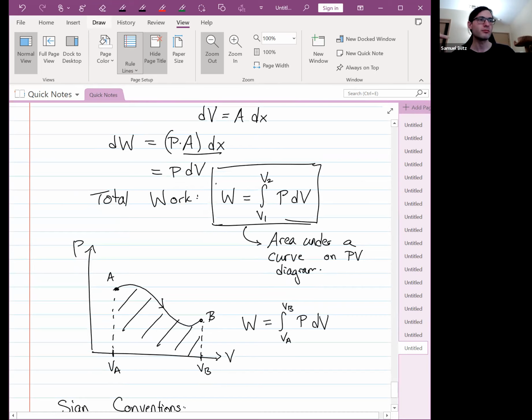And this makes sense because we associate increasing volume with positive change, and so an increase in volume should lead to positive work. At least that's the reasoning here, because we don't want to introduce arbitrary sign changes.